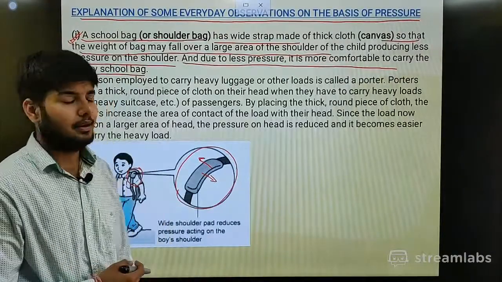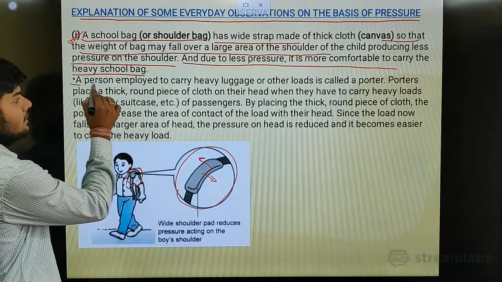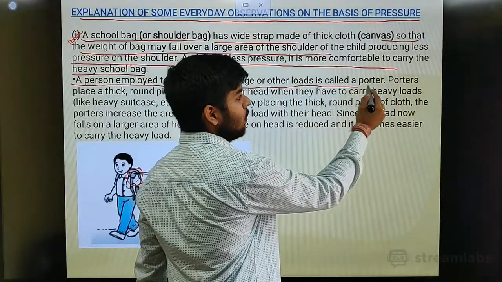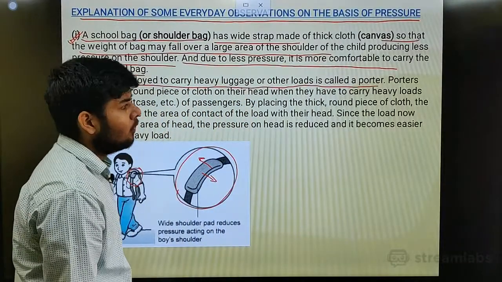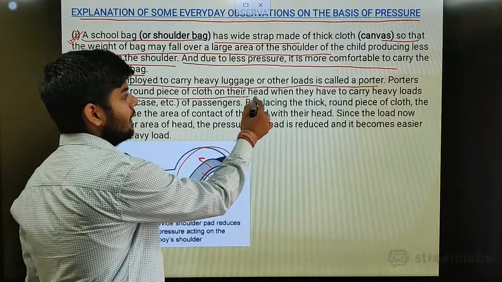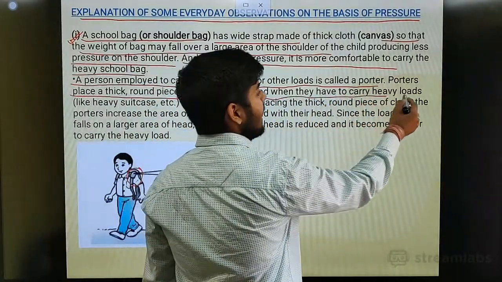Now, a person employed to carry heavy luggage or other loads is called a porter. Porters place a thick round piece of cloth on their head when they have to carry heavy loads.